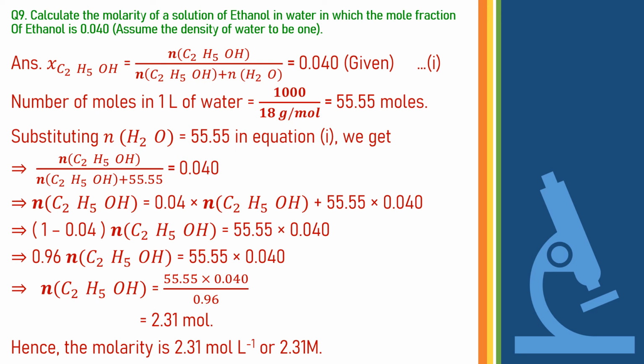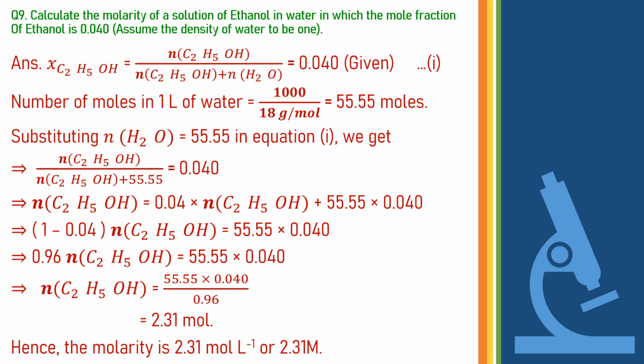After subtracting we get 0.96. N C2H5OH equals the multiplication term. Dividing, 55.55 multiplied by 0.040 divided by 0.96, we get 2.31 moles.